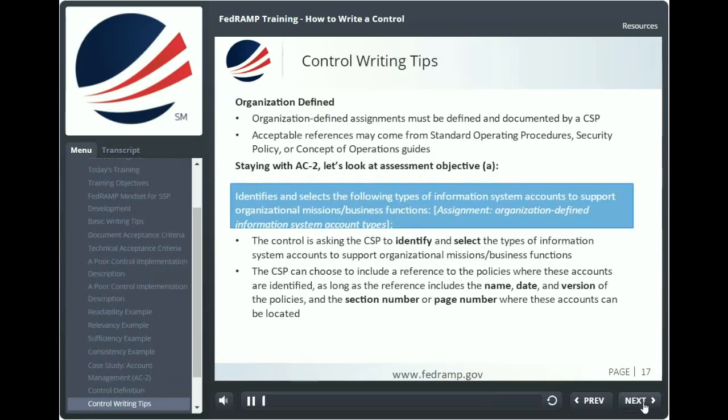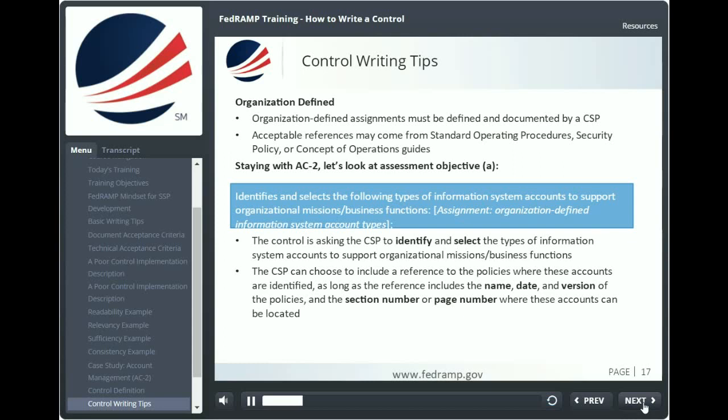So how many times have you gone through the FedRAMP requirements and said to yourself, what is an organization-defined assignment? Well, we're going to help you out with that, and we're going to use AC-2a as an example. So in this case, the control is asking to identify and select the following types of information system accounts to support organizational mission business functions.